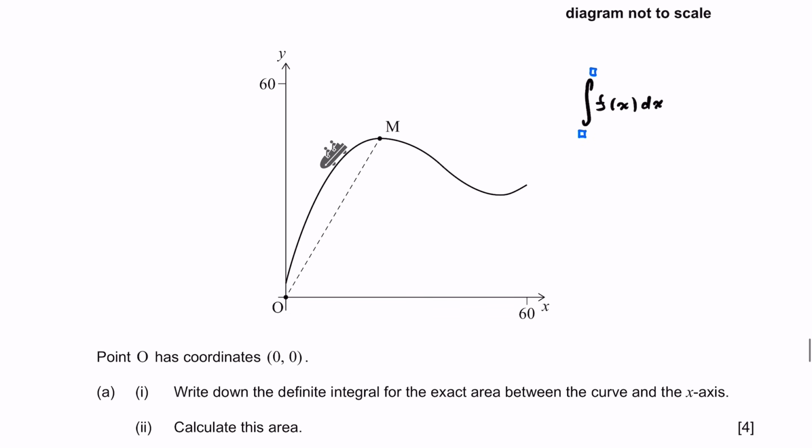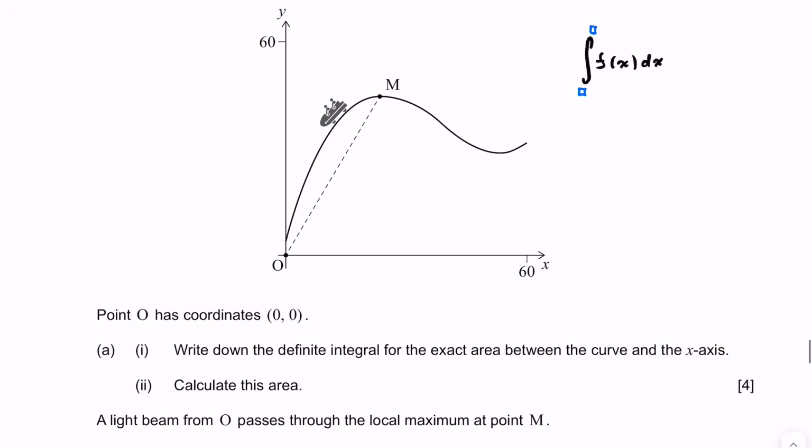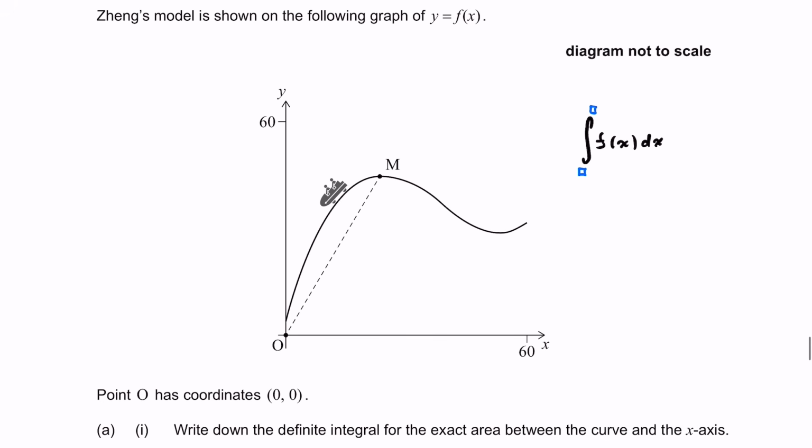Okay, so let's write out this definite integral. We want the definite integral for the exact area between the curve and the x-axis. So here we're going from 0 all the way to 60. So we have our starting and ending point. So going from 0 to 60 of f of x, our function, in terms of dx.